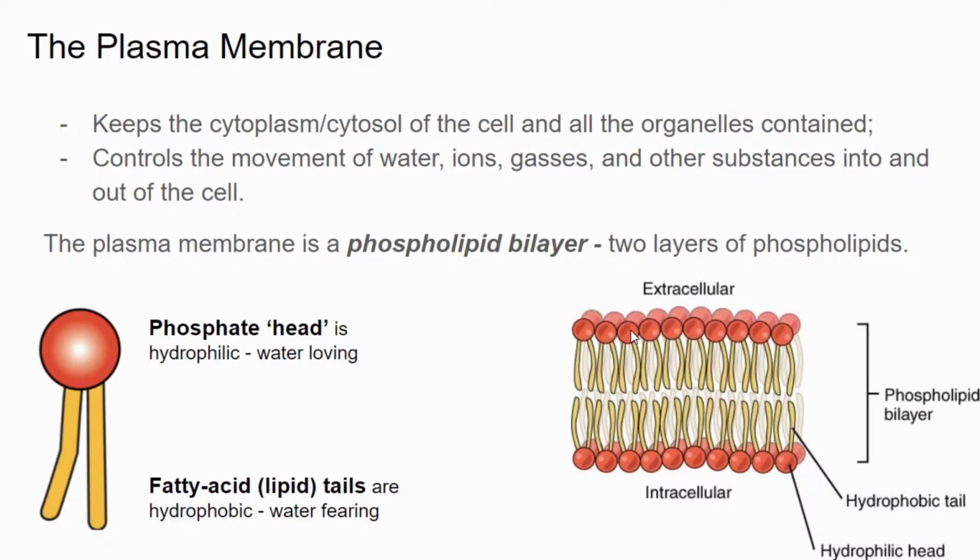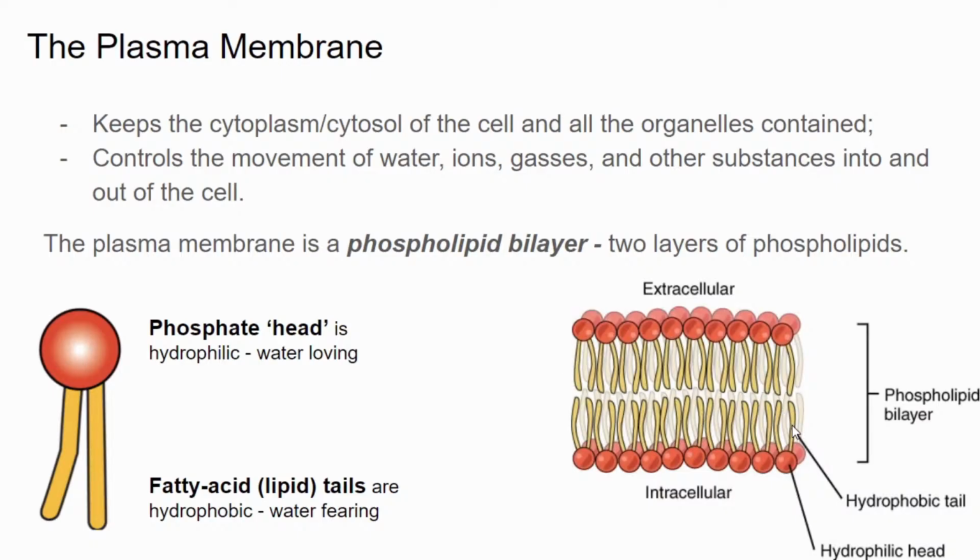On the top, they're all lined up with their phosphate heads together. However, it would be fine if there was a whole lot of water extracellularly out here, but not intracellularly inside the cell. So we need to protect these fatty acid tails, which are hydrophobic. They don't want anything to do with water.